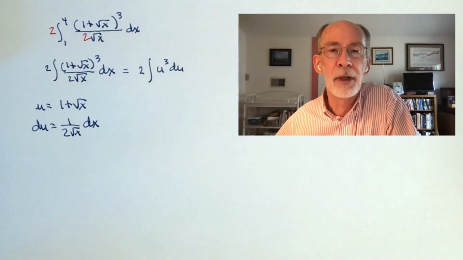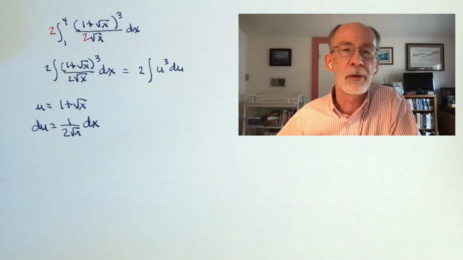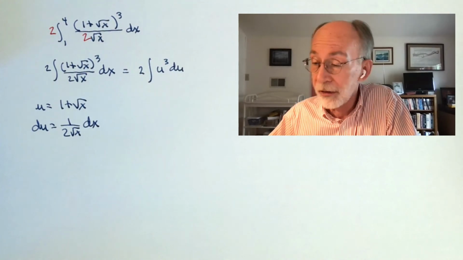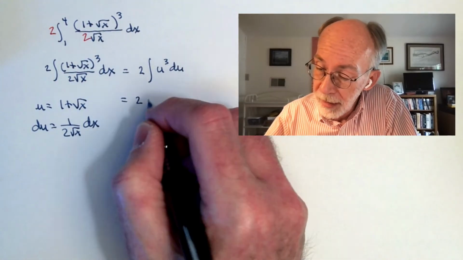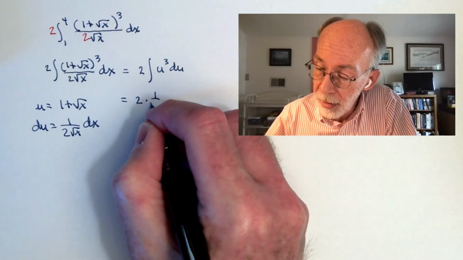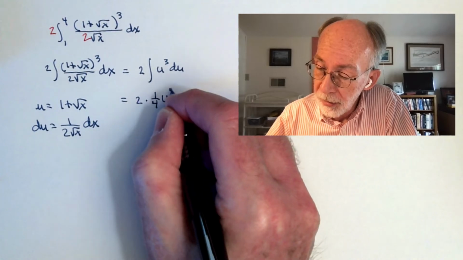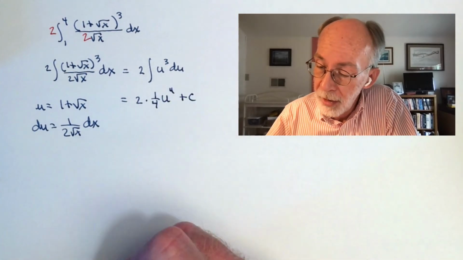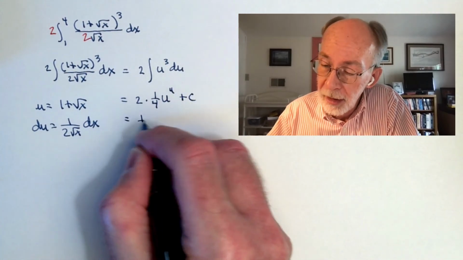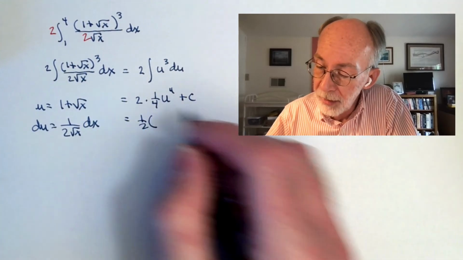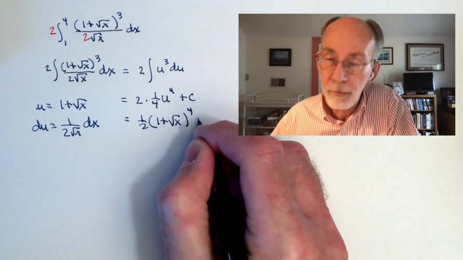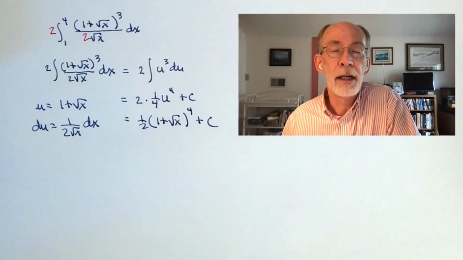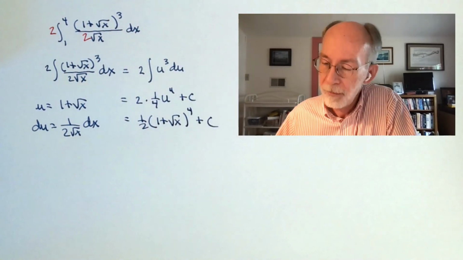So it might help you to verify that our substitution was correct. Anyway, this is an easy antiderivative. We've got the 2. We've got 1/4 u to the 4th plus a constant. Reduce the fraction. Go back to the original variable of integration. So u is 1 plus root x. And there is our indefinite integral.